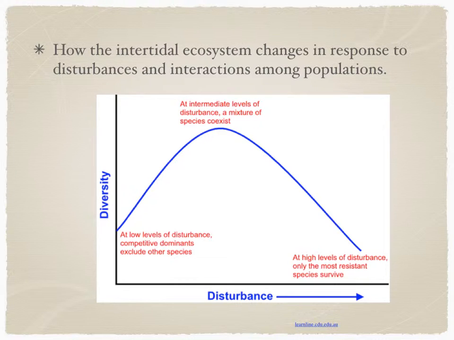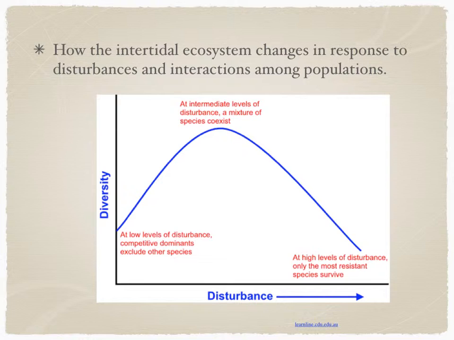Interactions between organisms also control the populations of species in that environment. Predation, a type of interaction, has the same result as disturbance. Replace disturbance on the x-axis with predation.